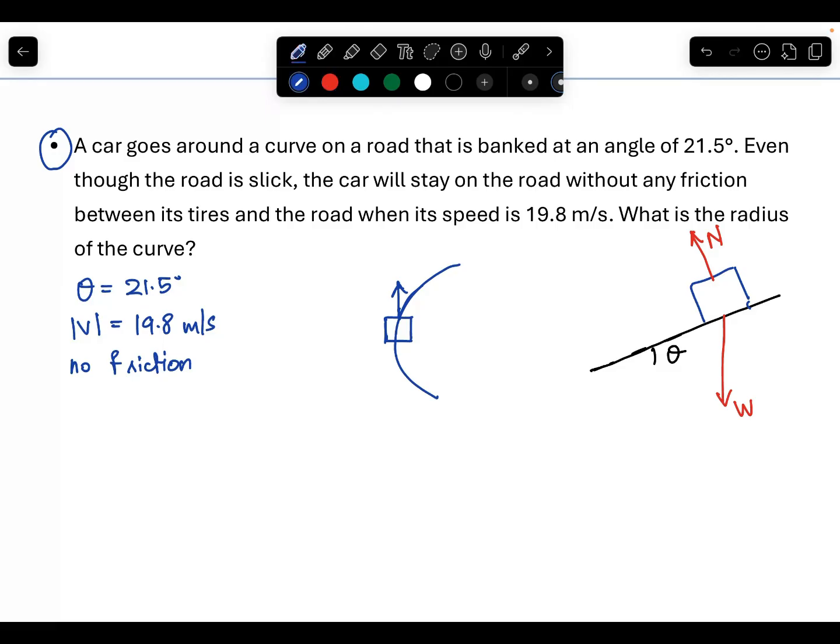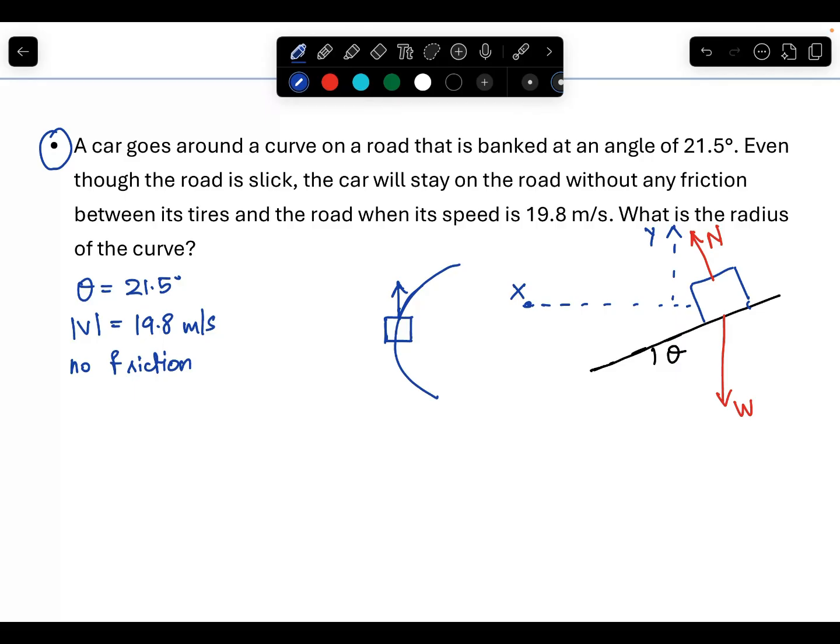So now, because this particular car is going in a circle about a center somewhere around here, which is horizontal, I'll just consider that my x-axis, and the axis perpendicular to it, my y-axis.